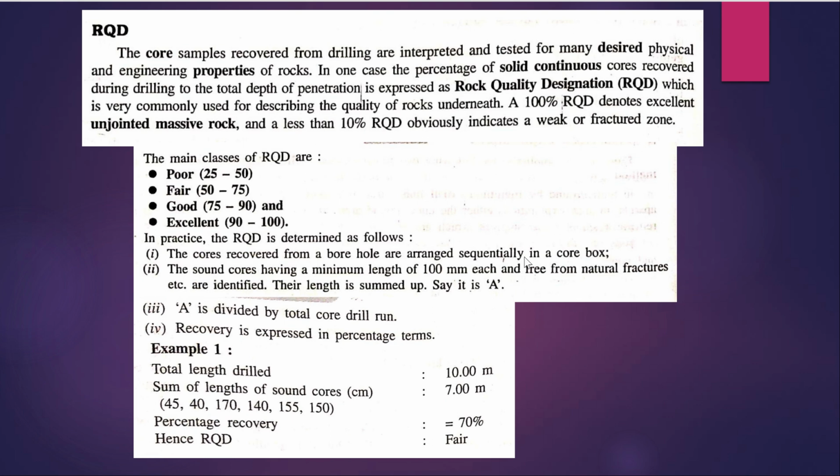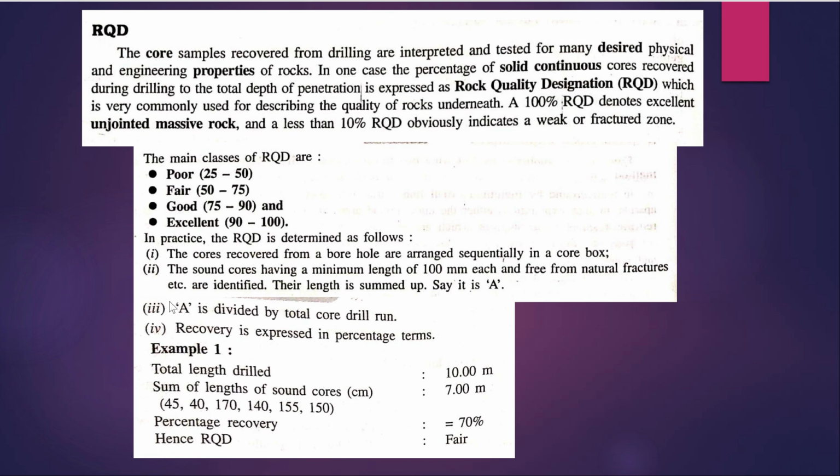The sound cores having a minimum length of 100 mm each and free from natural fractures etc. are identified. That is, the solid should not be fractured. It should be continuous.